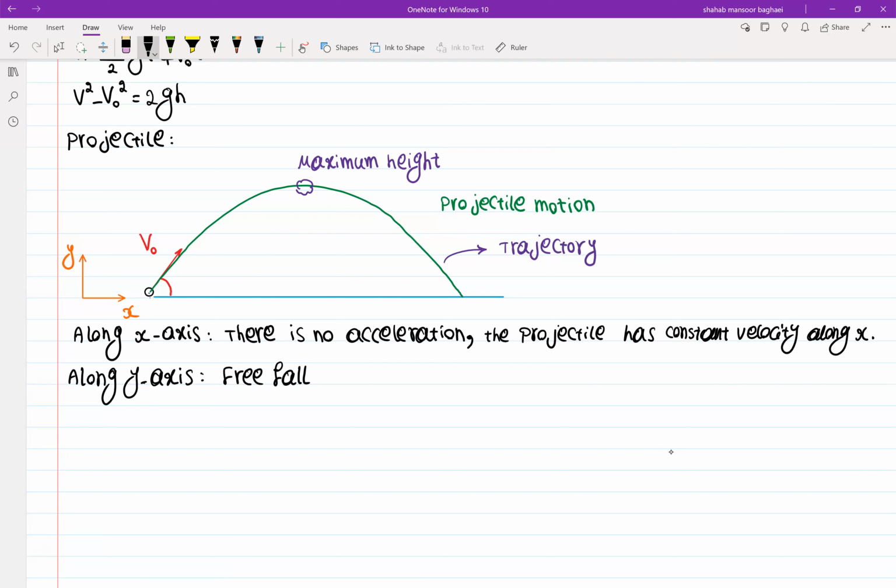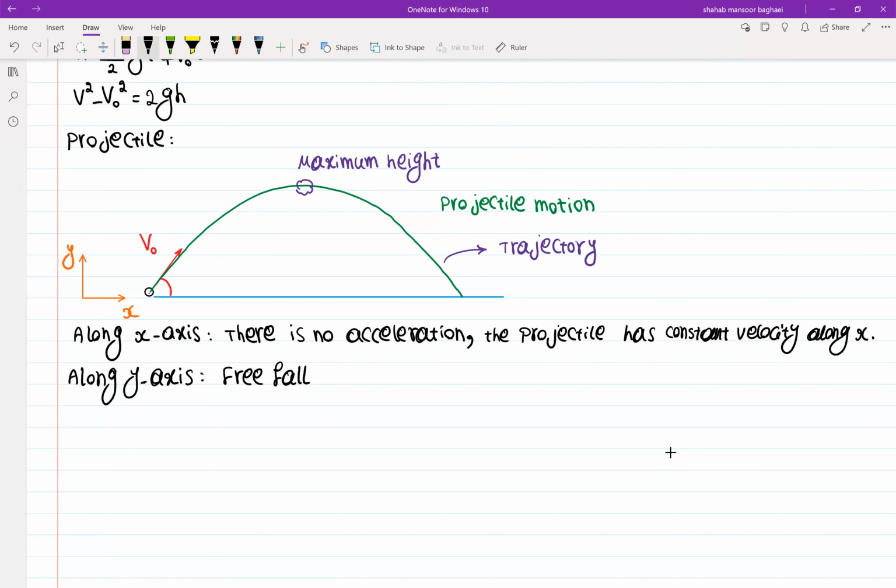Along the x-axis, you don't have any accelerations. Along the y-axis, you have gravity. And you can discuss it separately for the x-axis and y-axis. Consequently, the projectile has an acceleration, but this acceleration is gravity. Imagine your object is here.